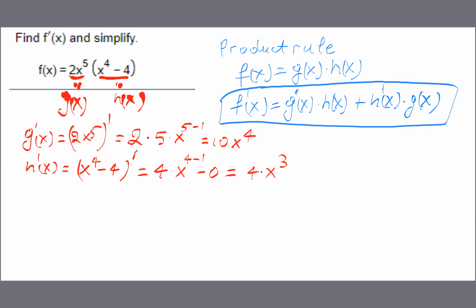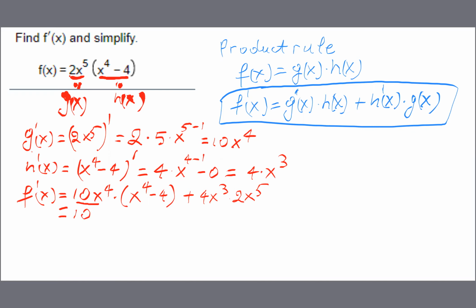Now we're going to use the product rule. f prime of x is equal to g prime of x, which is 10x to the 4th, times h of x, which is x to the 4th minus 4, plus h prime of x, which is 4x to the 3rd, times g of x, which is 2x to the 5th. So let's simplify this. Distribute 10x to the 4th into x to the 4th minus 4.